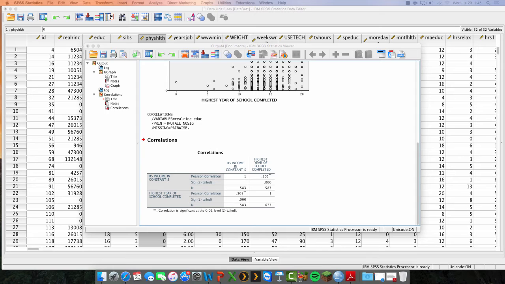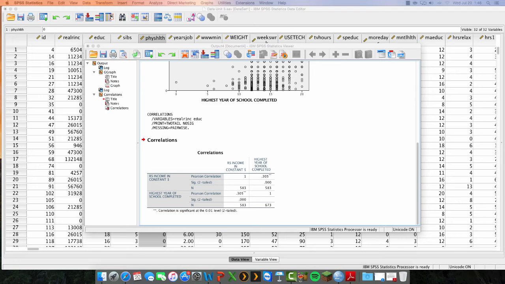When you hear those terms, what we're talking about is the chance that we've arrived at a false positive result, right? So we want to report the Pearson correlation coefficient, and we want to report the two-tailed significance.